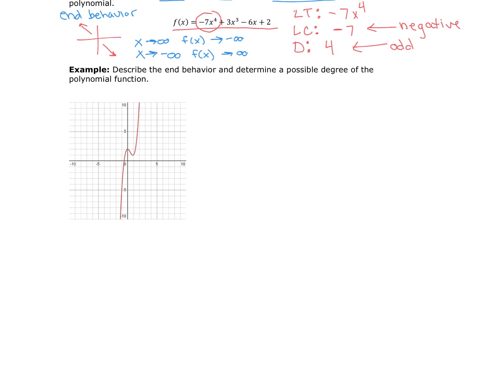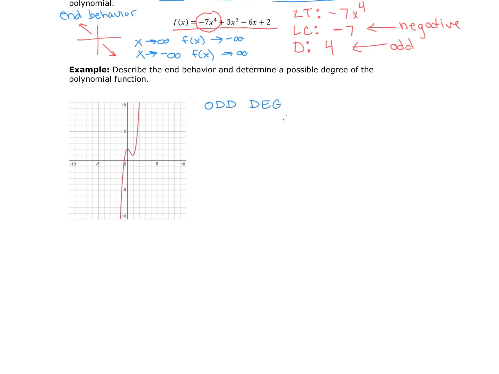Let's do that looking from a graph. Can we describe the end behavior and determine a possible degree for the polynomial function? That second question is the easiest to answer. When we look at this, we notice that the ends don't go in the same direction. One goes up and one goes down. So this has to be an odd degree.